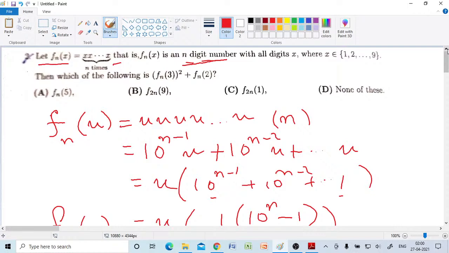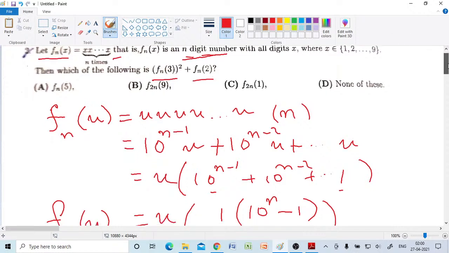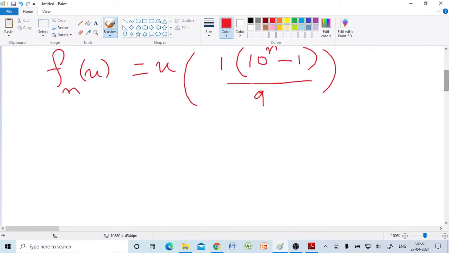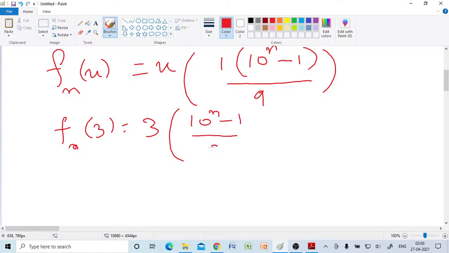Now we need to deal with this and this. f_n(3). So what is f_n(3)? Let's see. In place of x, we just plug in 3. So this is f_n(3).